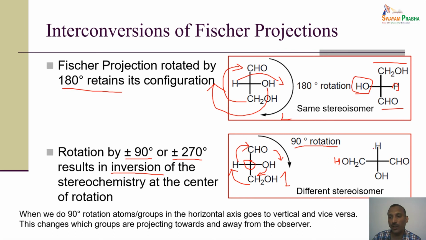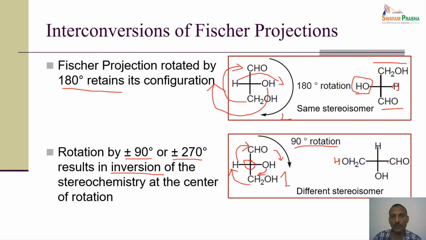If we take the simple configuration of this molecule, then that will actually give a different isomer. That is the reason we say 90-degree rotation or 270-degree rotation leads to inversion of the stereochemistry at the center. Because how do you give that now? Every group, the oxidized group, has to be changed.